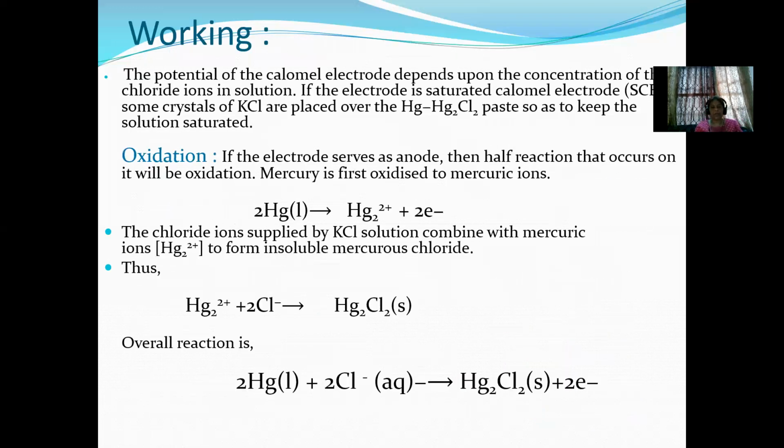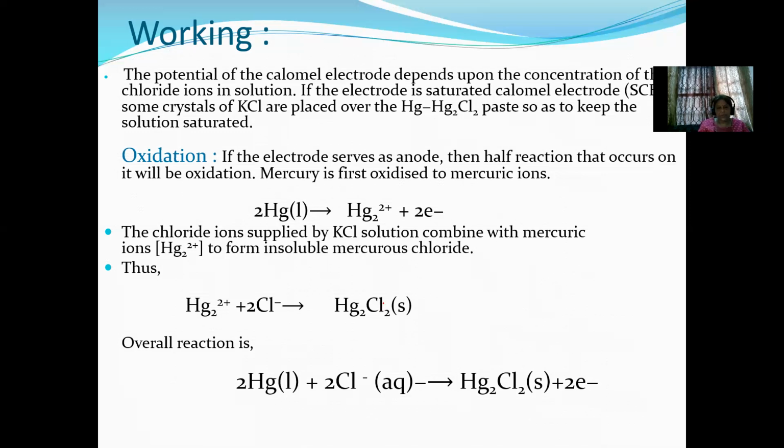Now the working part, how this Calomel electrode works. As I have told you, the Calomel electrode can act as anode or as cathode since it is a single electrode. Therefore, the potential of the Calomel electrode depends upon the concentration of the chloride ions in the KCl solution. Now, let us see how this electrode liberates electrons if it is an anode.